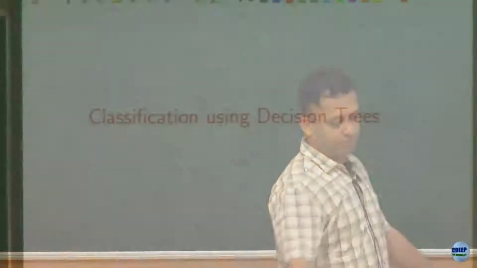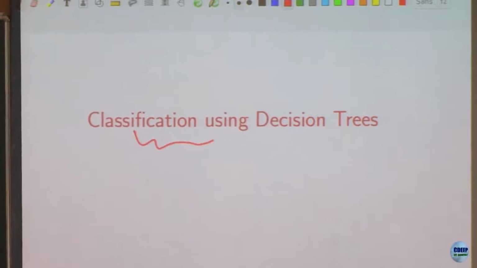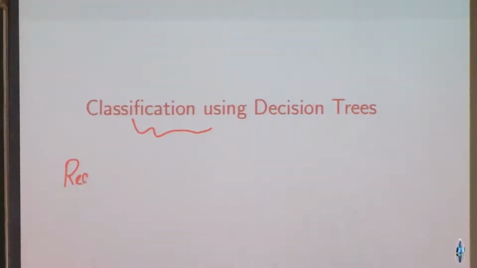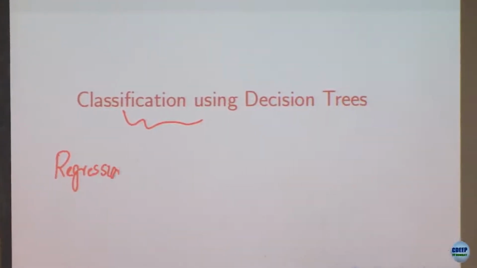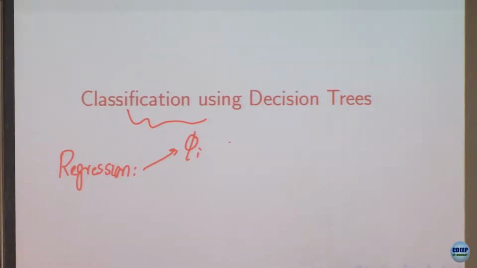So let's discuss this in slight detail. We'll talk about classification using decision trees, though some of this discussion will naturally also follow for regression. When we talk of regression, you'll have to keep in mind two things. First, the features phi I, and that's true even with classification, could be continuous valued.